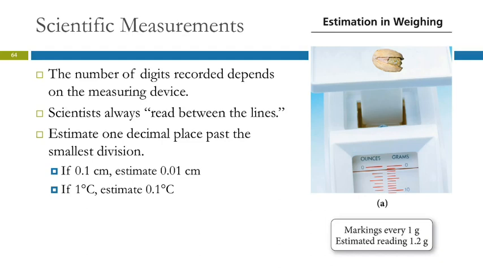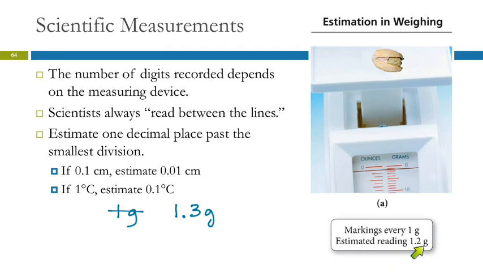So if we just wrote 1 gram, that would imply that the 1 was uncertain, but it isn't. So that's not good enough. We're going to write 1 point something. This is where we're kind of guessing. We're estimating. So you look at that and you think, well, it looks like about 0.3. 1.3 grams.